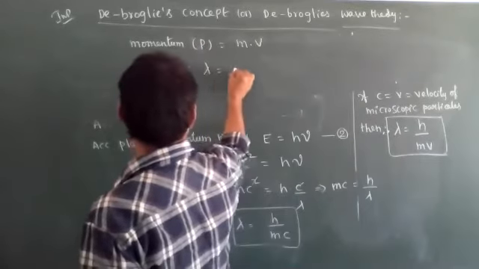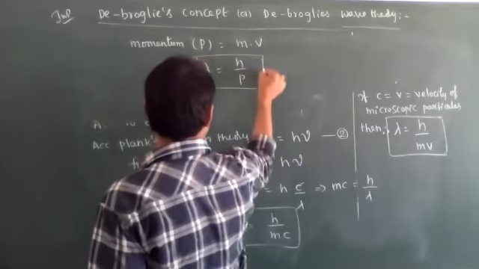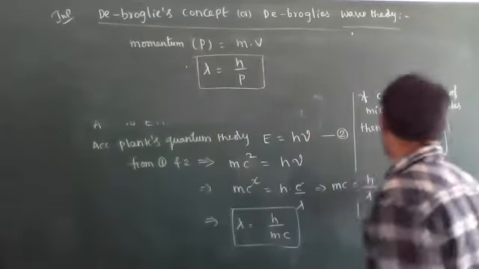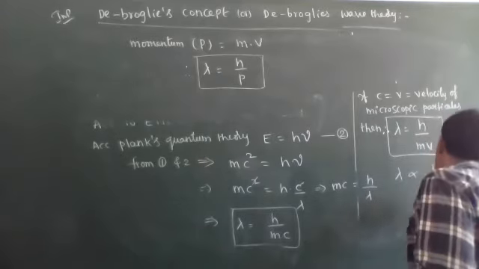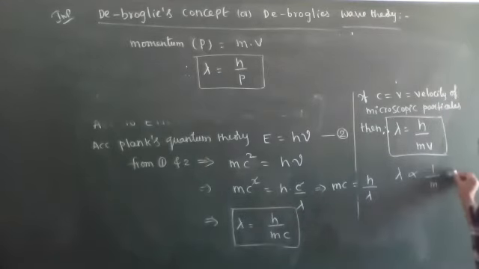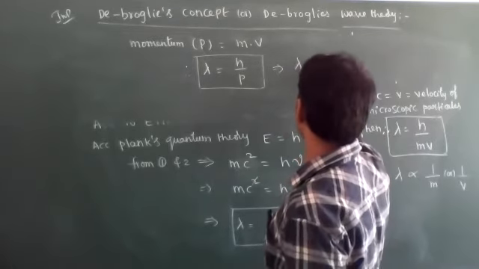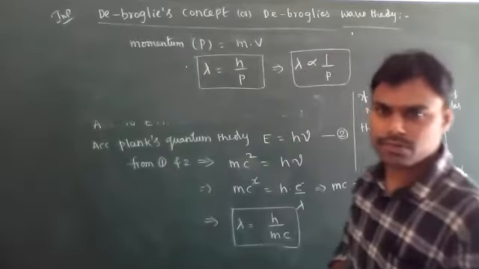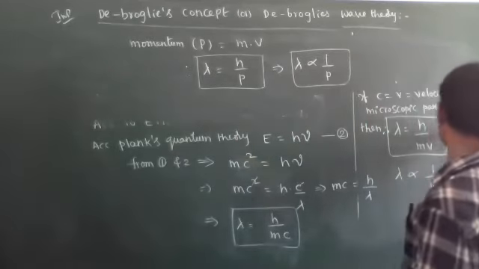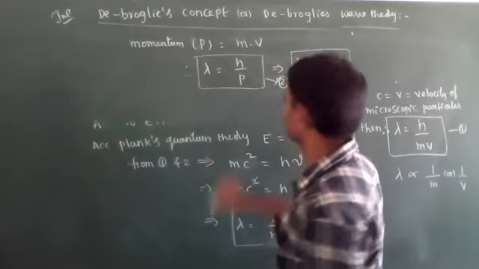Therefore, lambda is equal to h by p. Here lambda is inversely proportional to mass or to velocity. From this equation, the wavelength is inversely proportional to momentum. This is the second relation.